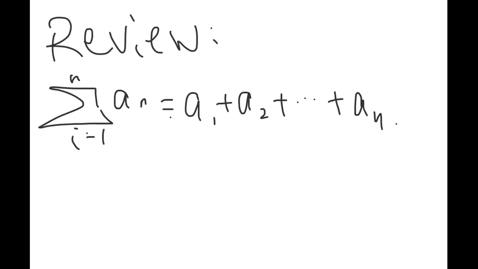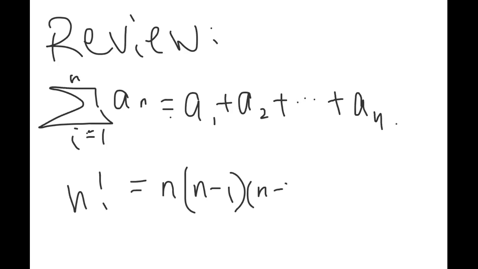Summing up sequences can be reduced to a sigma notation. And also, what is a factorial? Factorial means you have n times 1 less than n, times 2 less than n, all the way to 1. The product of these n numbers is called a factorial. Of course, we will need both of them for today's lecture.